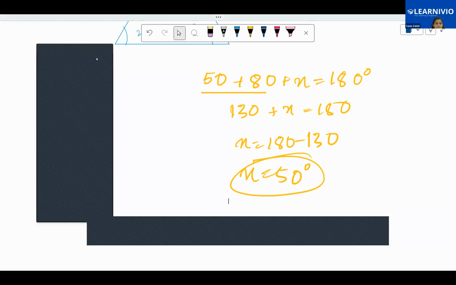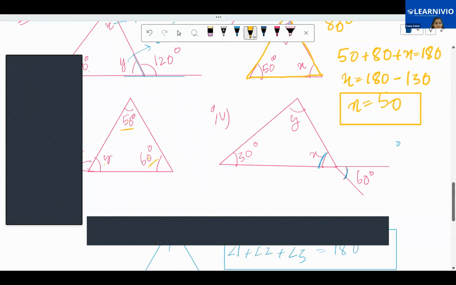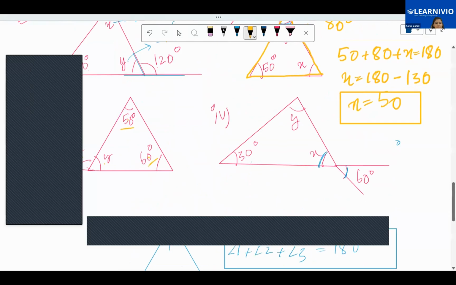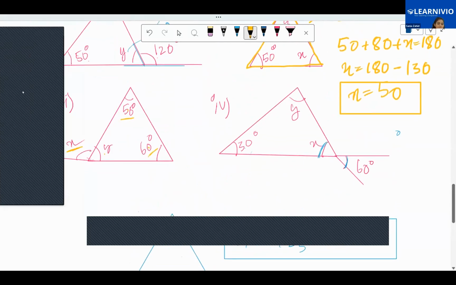Done, ma'am. Okay, tell me the third one. Who will tell me? How have you done it? Yes, ma'am. The first one, x is equal to 50 plus 60, which is 110.